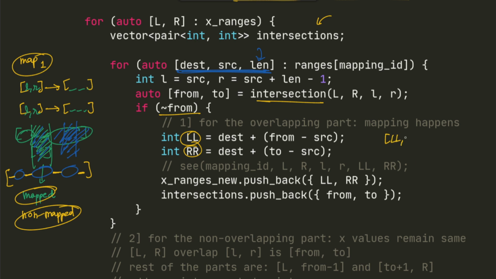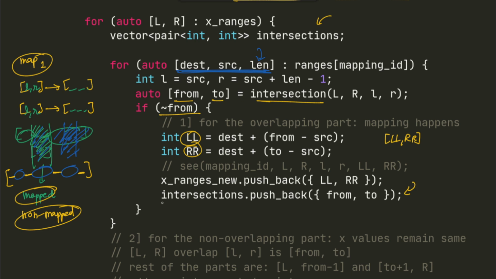So let's say LL, RR, and since this is an intersection, we are going to consider it from the original range's start and end. The intersection was from this to this, hence we add that to the intersections.